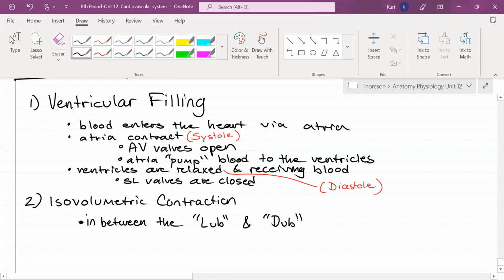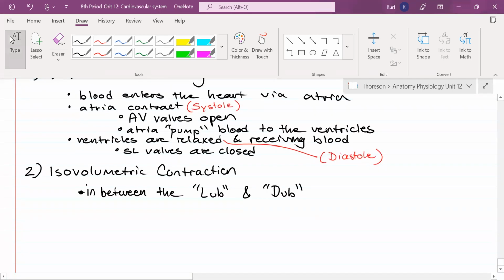So when you've heard me say lub dub, lub dub, this is in between, like that split second, the very, very split second. I don't even want to say moment, just a flash of lub dub right in the middle.